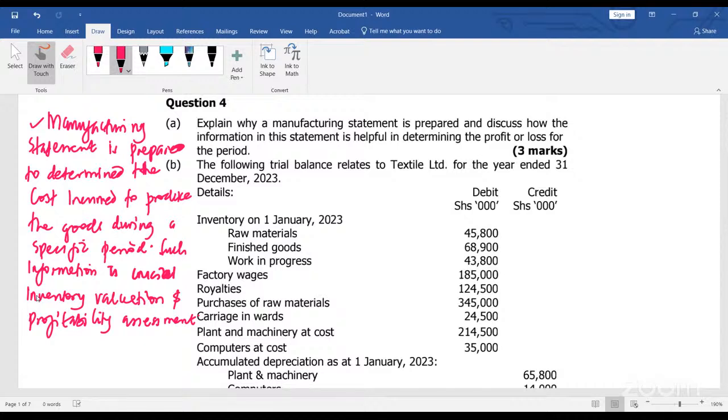Okay. Now, when we look at the manufacturing account, it gives you the information about the cost of goods manufactured.